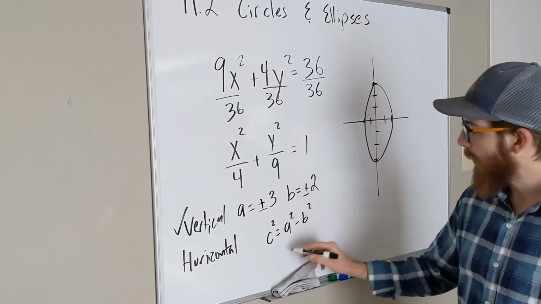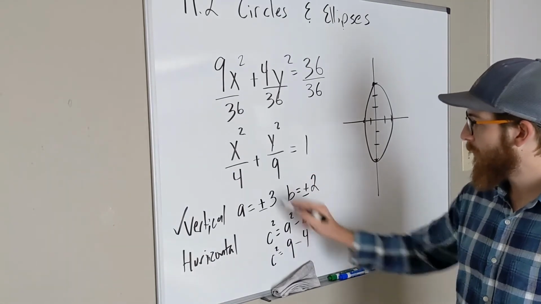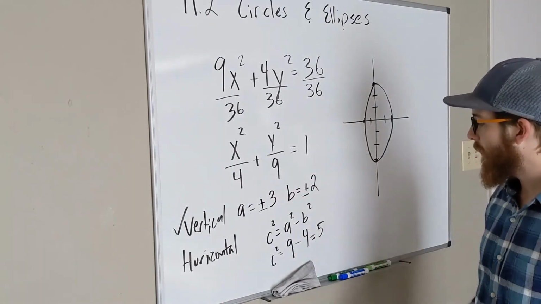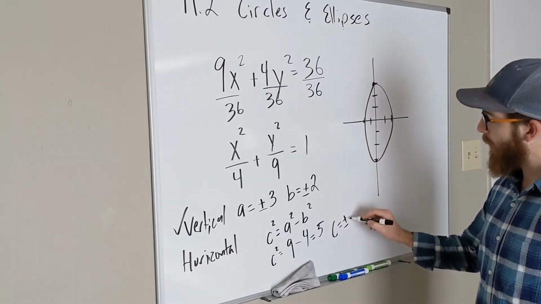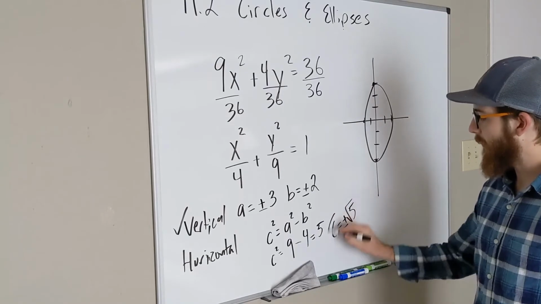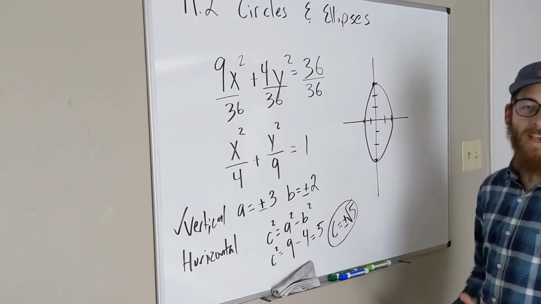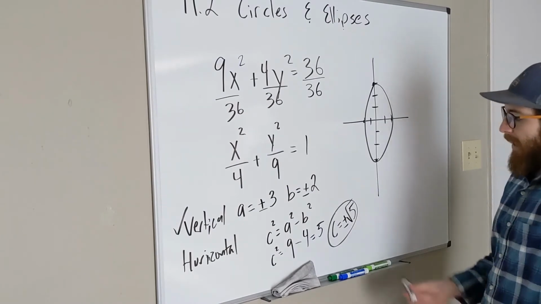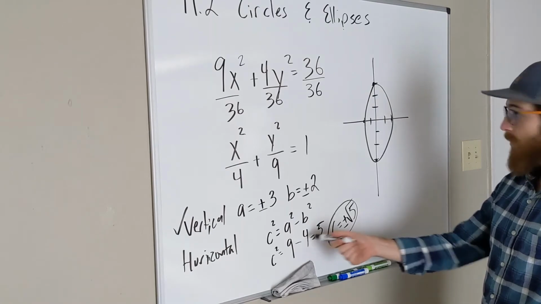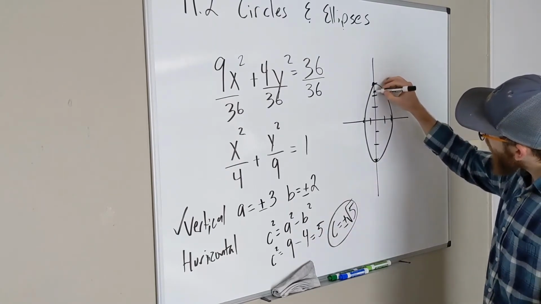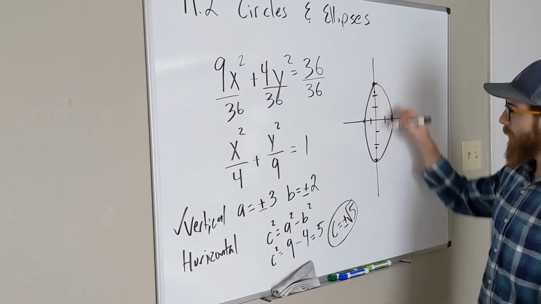Okay, well, c squared is 9 minus 4, which is 5. So c is equal to the positive or negative square root of 5. Now, I don't have an exact value for that, but I do know that it's bigger than 2 because the square root of 4 is 2. So I'm going to just put my foci slightly above and below 2 and negative 2.